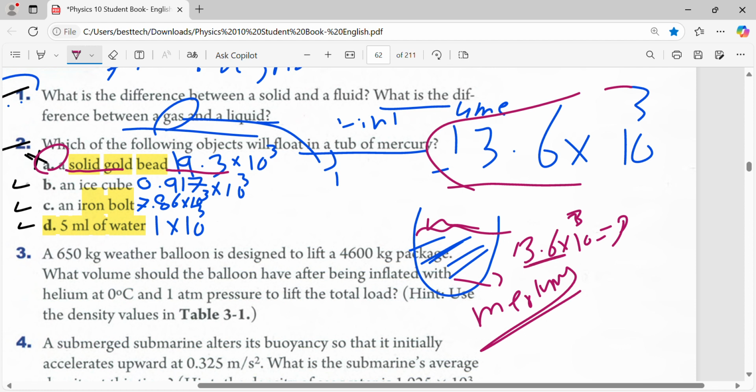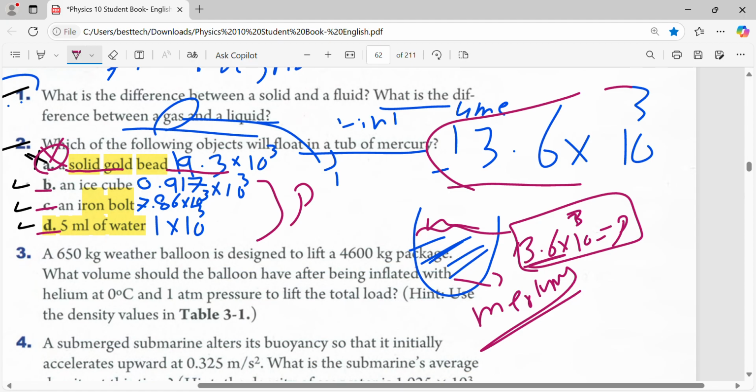So part A, solid gold, cannot stay on the surface because it is heavy and its density is much greater than the density of the mercury. So part A is wrong. Parts B, C, D are all correct because their densities are smaller than the density of the liquid.